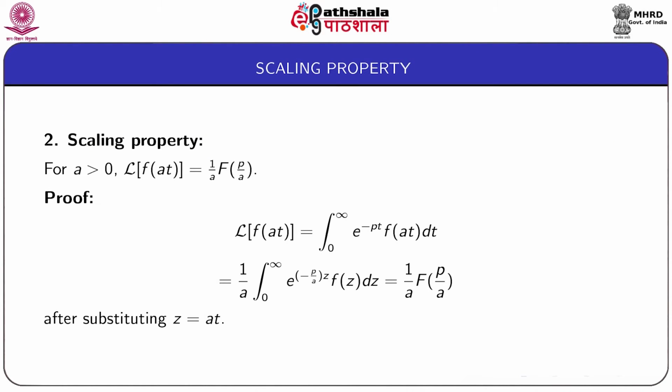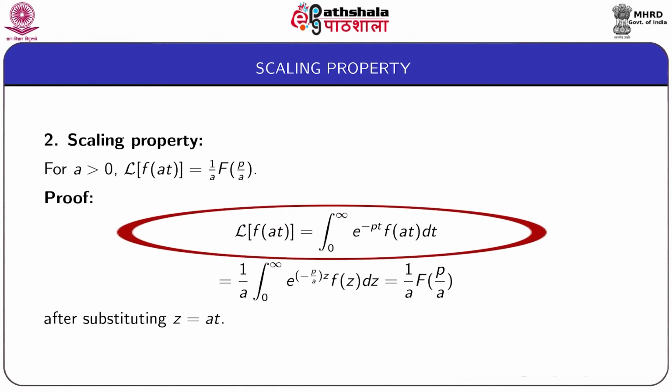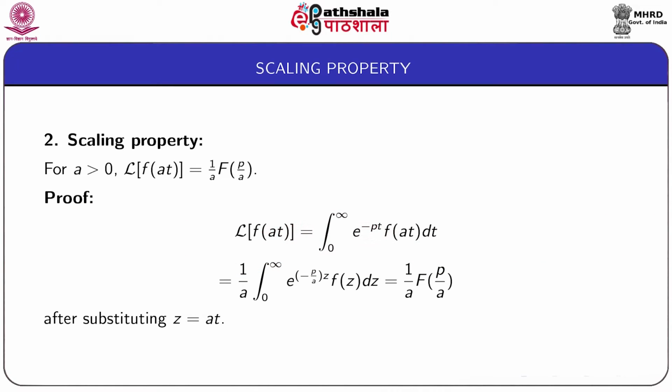Next is the scaling property. For a greater than 0, Laplace transform of f(at) is equal to 1 by a capital F of p by a. For proof, we write Laplace transform of f(at) equal to integral from 0 to infinity e to the power minus pt small f(at) dt.